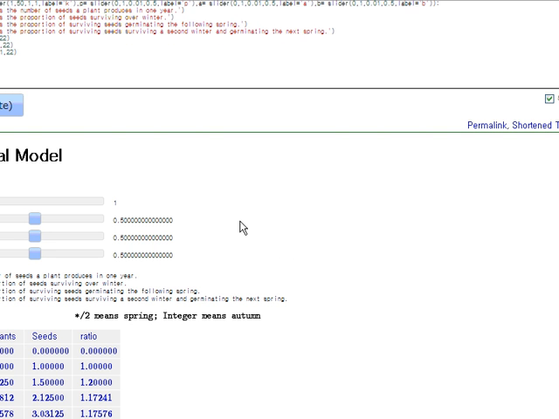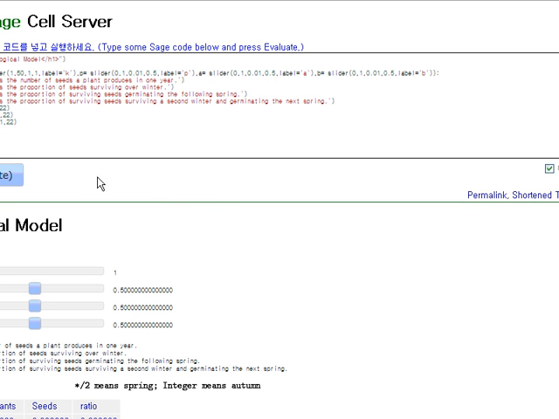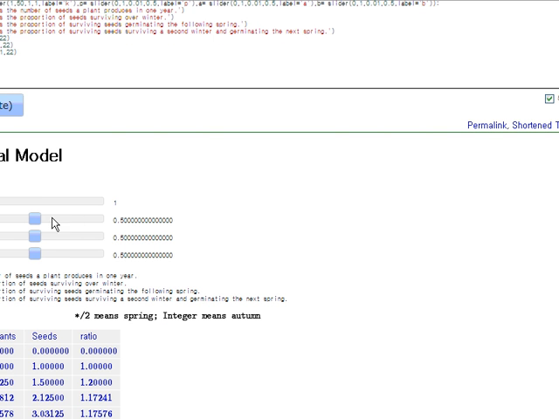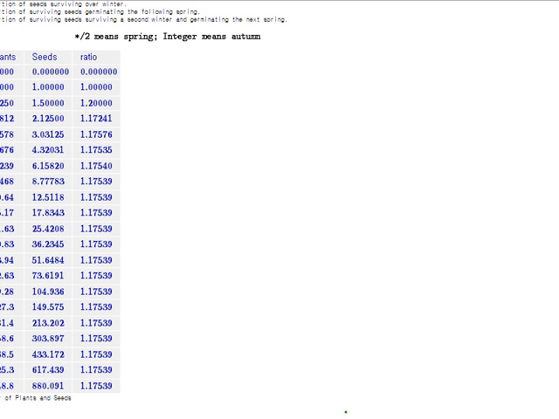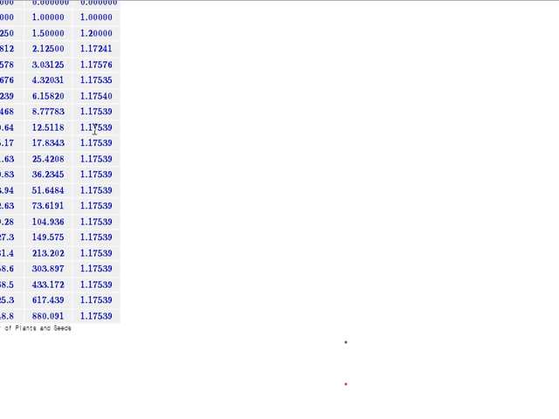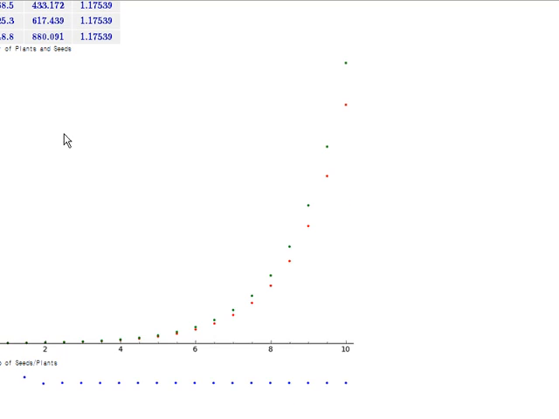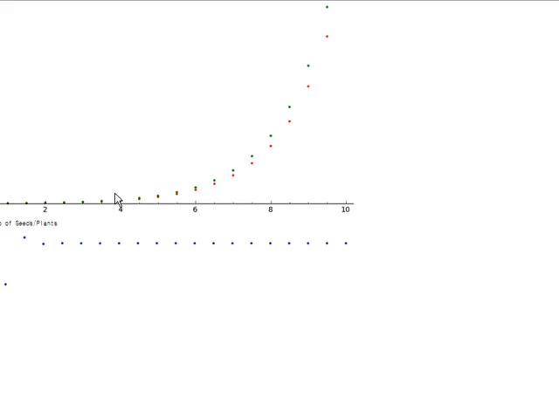Here you can see, for example, the biological models. We give some introduction of the variables, and there will be some data and a graph of the data.